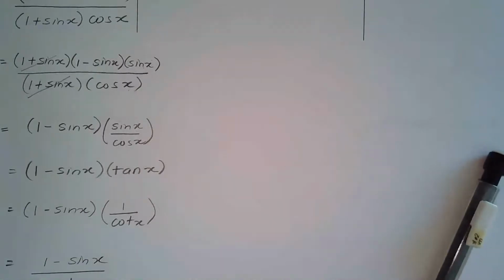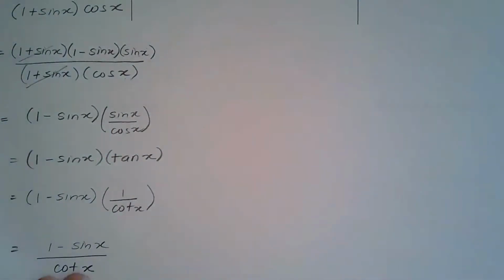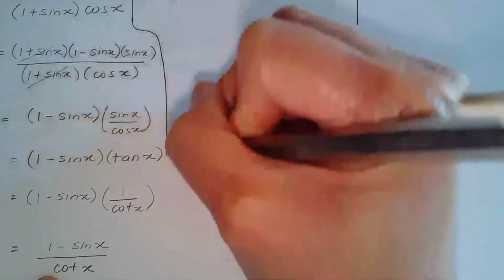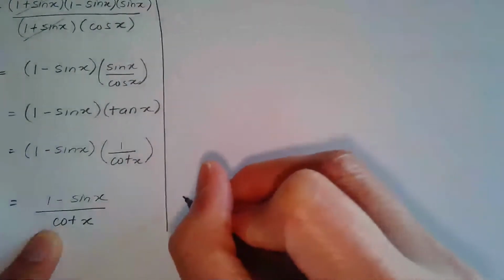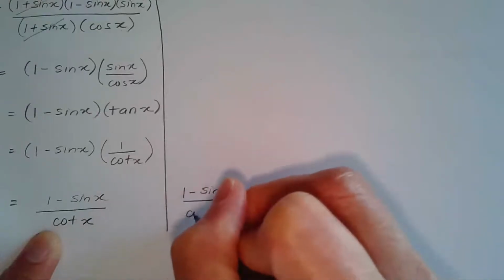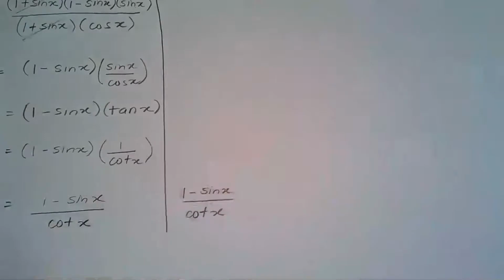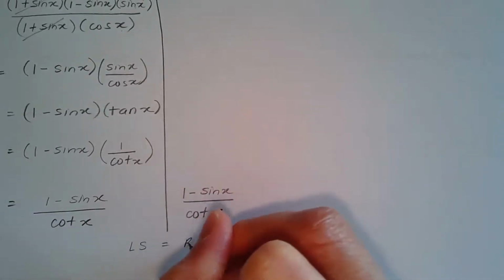So the left side now looks like the right side, 1 minus sine of x over cotangent of x. Okay, so left is equal to the right side.